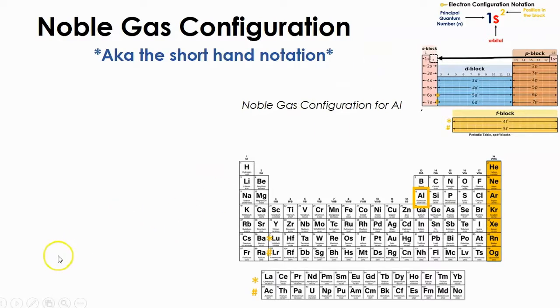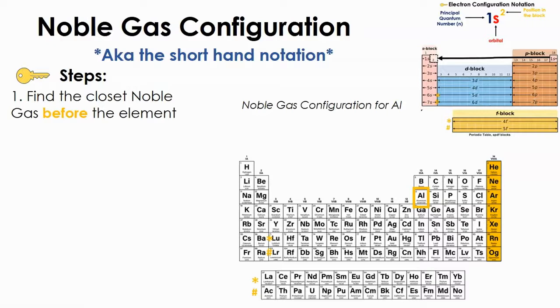So if we wanted to write an electron configuration for aluminum using our noble gas configuration, the first step is to find the closest noble gas before the element. If you take a look at aluminum, aluminum is here. You're going to go backwards, and you can see that the numbers are decreasing as we're going backwards.